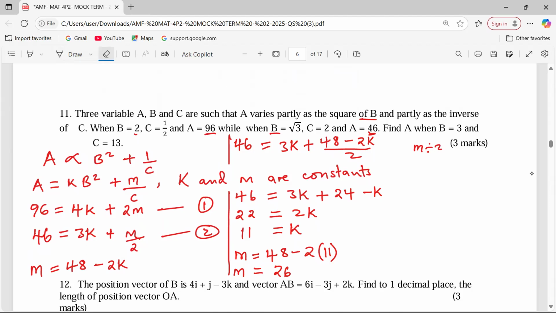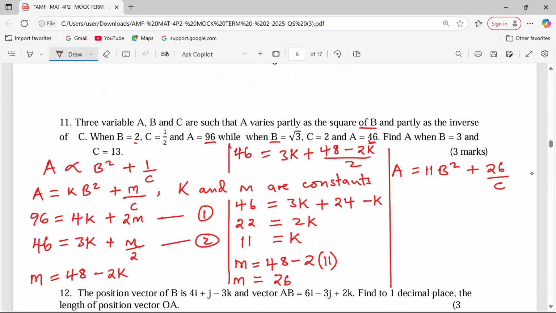That should imply that the specific equation connecting all the three variables shall be a equals k, which is 11, multiplied by b squared, plus the value of m, which is 26, out of c. So now we have the specific equation.